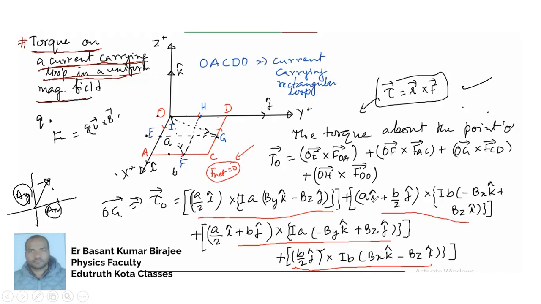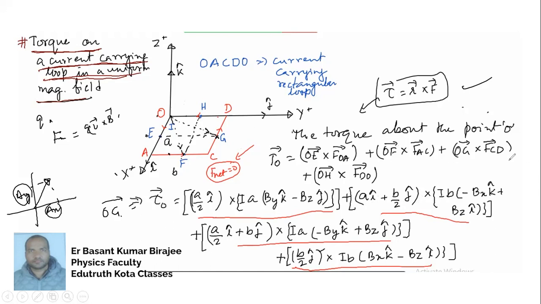Here we put in the values of the OA vector. This OA vector has an X component, OA, and a Y component, OS. OA is A i, and the OS vector is B/2 k.